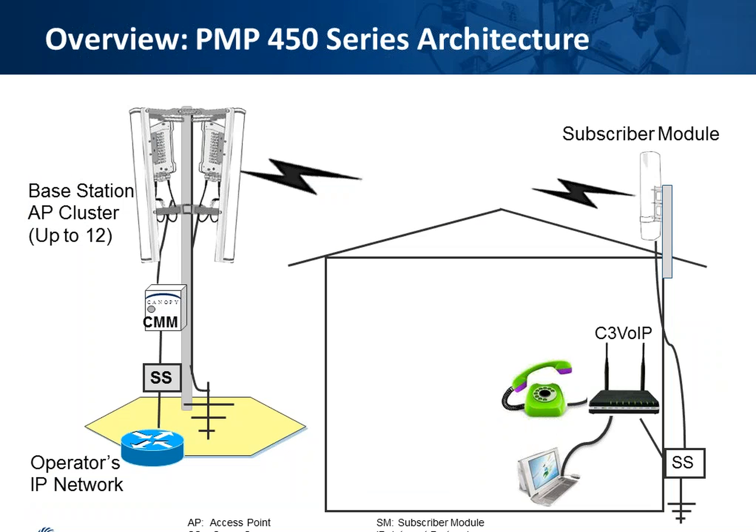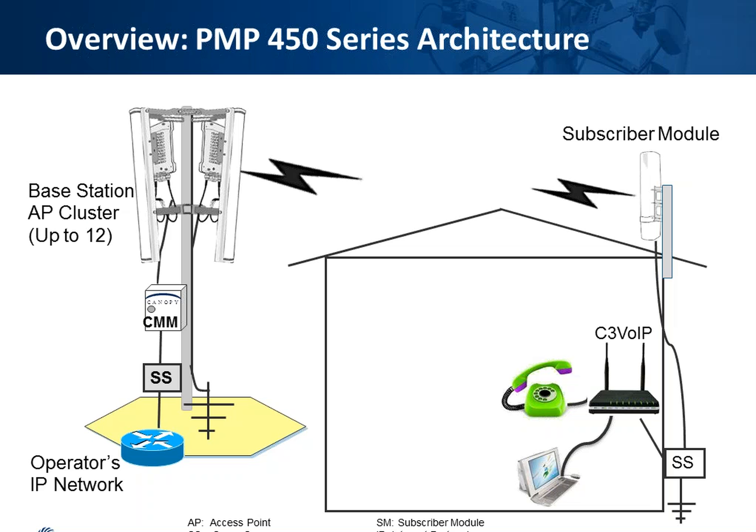So just a quick snapshot of what the architecture looks like. It's a very flat, very simple architecture. There are no gateways to deal with. There are no eNodeBs. There's nothing complex about it. It's a base station that's attached to perhaps a sync and power distributor, which is the CMM module, the cluster management module. That connects to your back-end network.